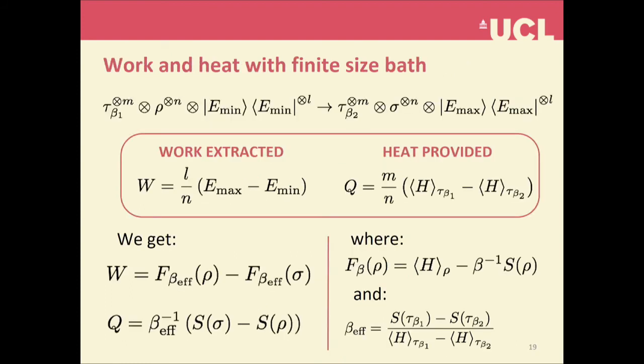Let's rewrite the initial state and the final one. And we define work, as we said before, as the energy changing inside the battery, everything divided by n, number of copies of the main system, because we're interested in quantity per single copy of my system.